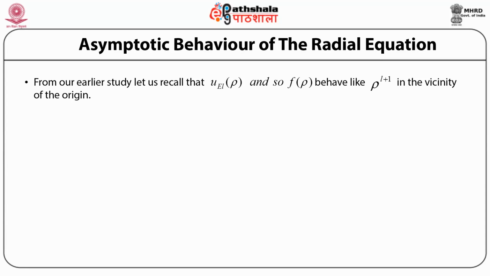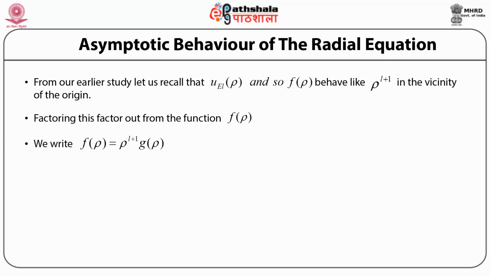From our earlier study, let us recall that U_EL(rho) and so f(rho) behave like rho to the power L plus 1 in the vicinity of the origin. So factoring this out from the function f(rho), we write f(rho) equal to rho to the power L plus 1 times g(rho).